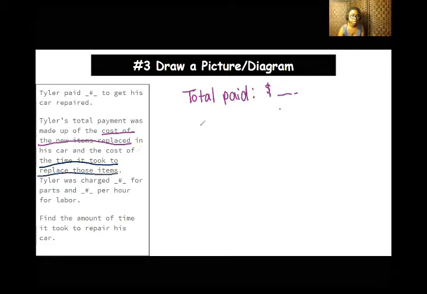Sorry that my lines are very curvy. So this first section, I'm just going to put a couple dollar signs. This first section is the amount that it took, the cost of the new items. And the second section is the time it took to replace those items.